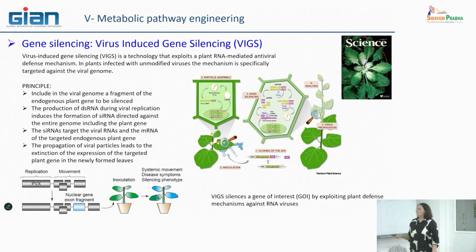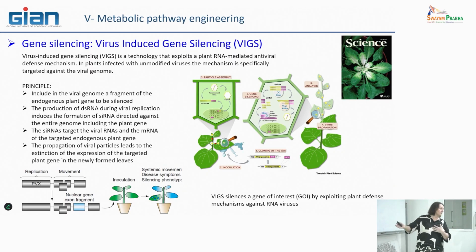Okay. What is interesting is that, in fact, in this case, the viral particles are able to propagate, okay, in all the cells of the leaf, for example. So you can act not only on one cell, but on many more cells to silence, okay, the specific gene targeted.